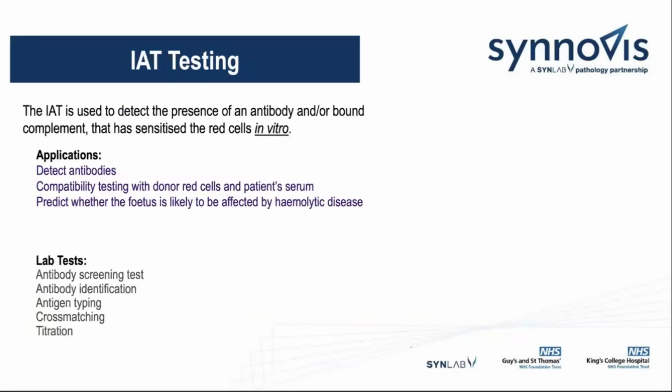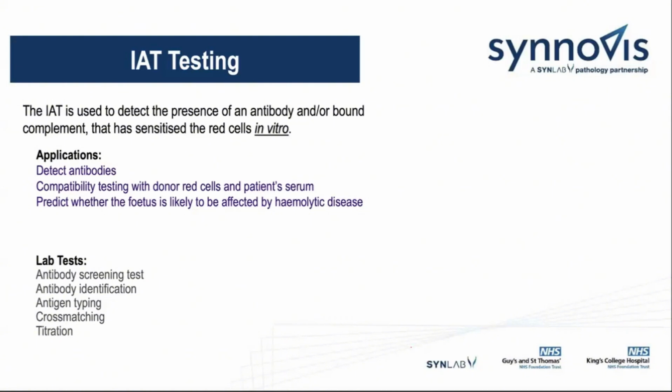So moving on to our IAT testing. The IAT test is used to detect the presence of antibody or bound complement that has been sensitized to the red cells in vitro. In our lab tests, we use this in a number of different ways. For our antibody screening, we use it to detect unexpected antibodies in patients or donors. In our antibody identification, we want to identify that specific antibody using a panel of red cells with known antigen profiles.